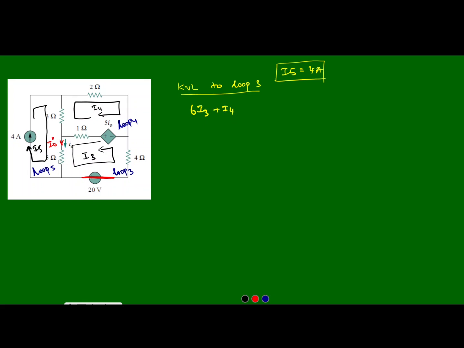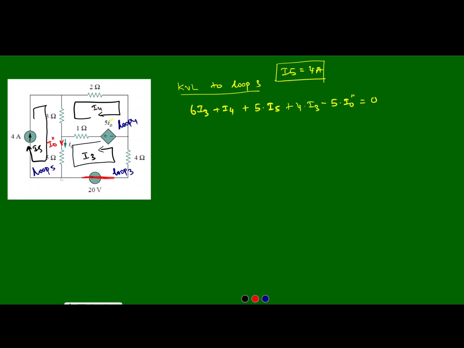And the effect of I5 on the 5 ohm: I0 double dash is the current flowing through the 5 ohm resistor, but I5 is having the effect on the 5 ohm resistor, so I can write plus 5 into I5, plus 4 into I3, minus the dependent voltage source value 5 into I0 double dash, which is equal to 0.